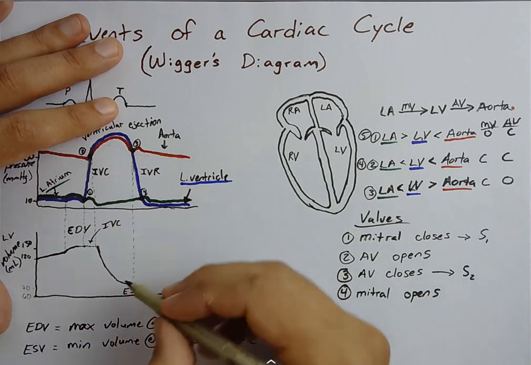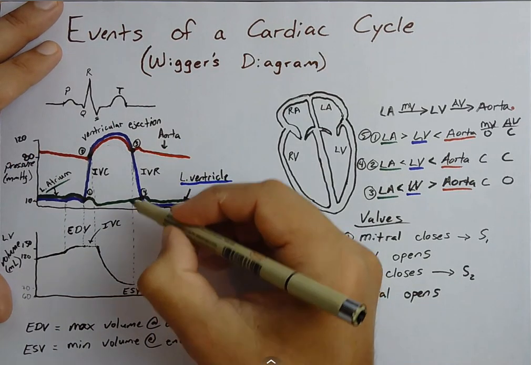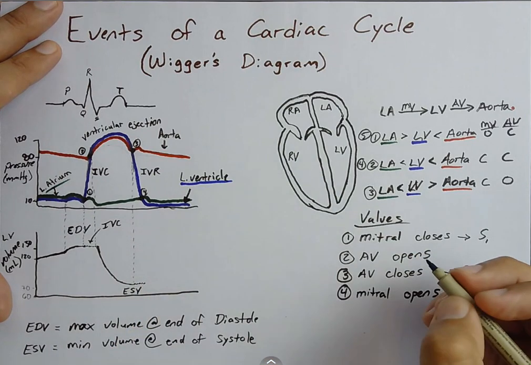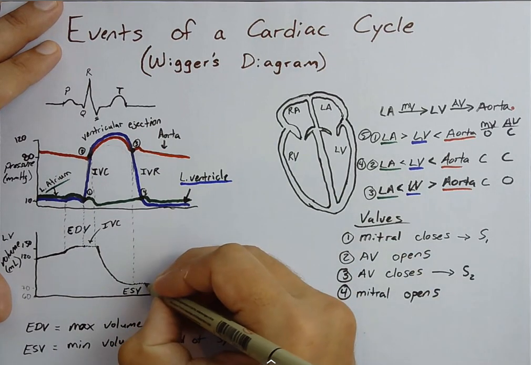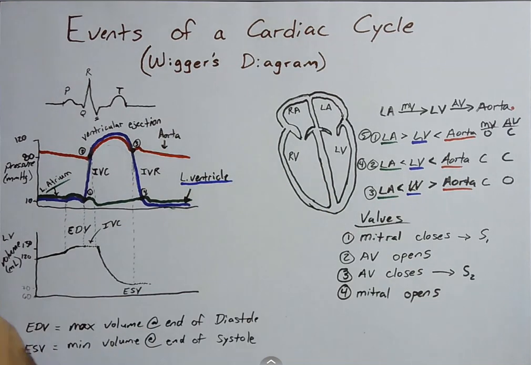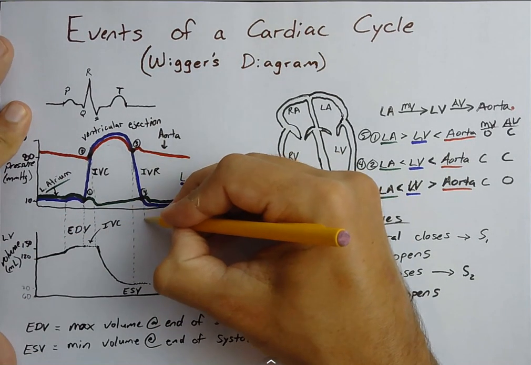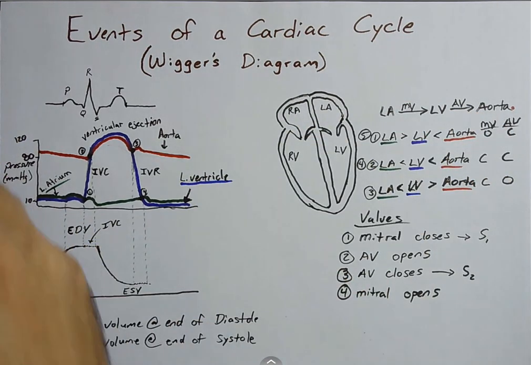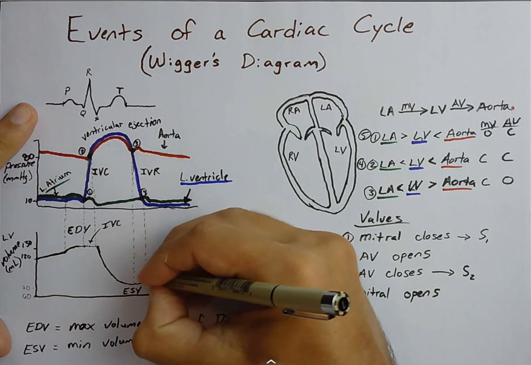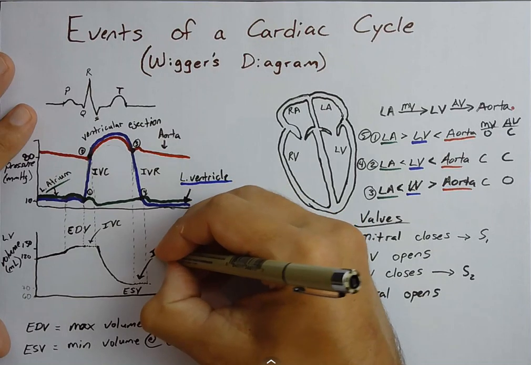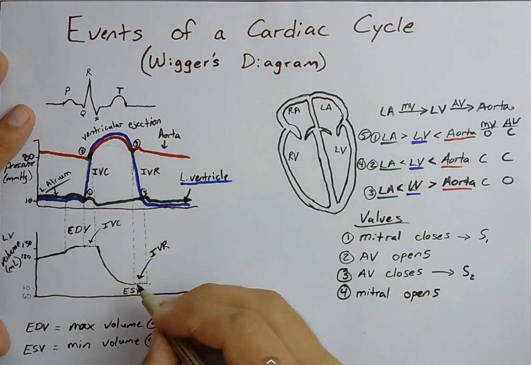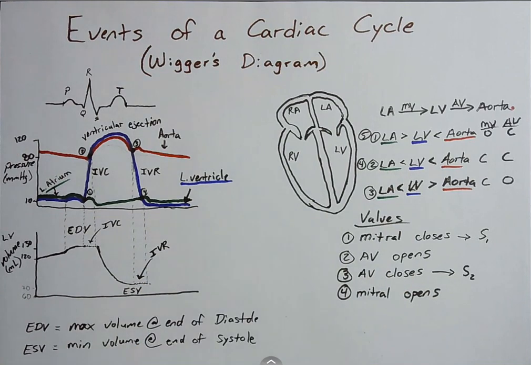All right, but then what's going to happen? At the end of systole, we're going to get a short period of time when all the valves in the heart are closed. That's going to be a representation of this portion of the curve. So that is going to be IVR, right? That is isovolumetric relaxation. Isovolumetric, no volume change.